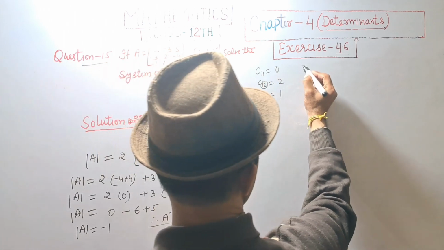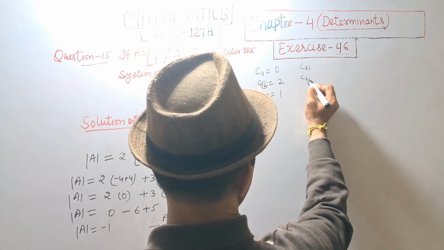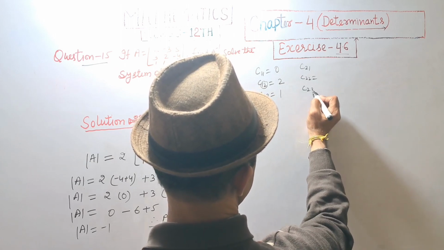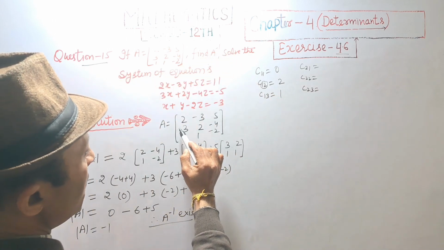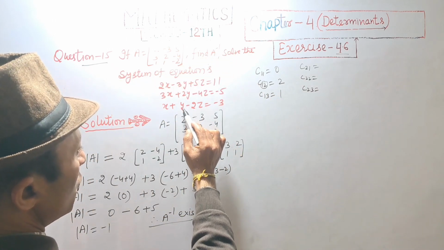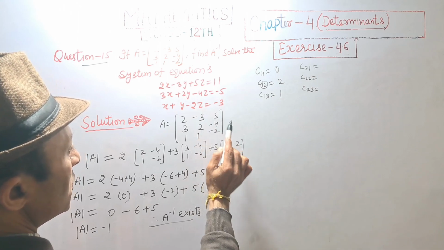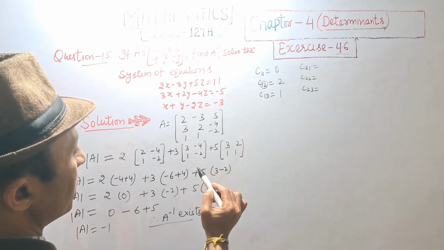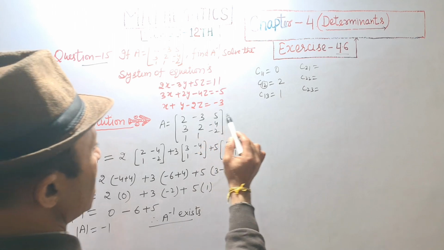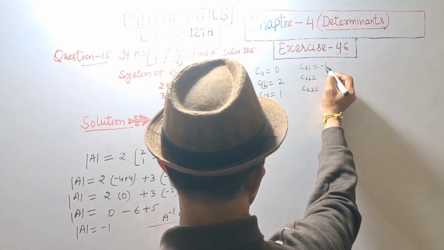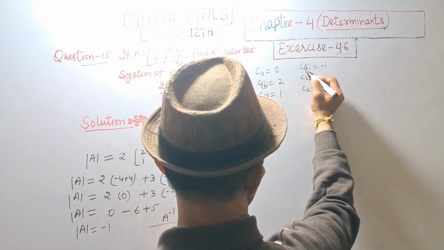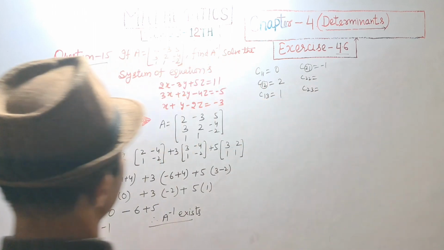And C21, C22, C23. C21: 3 twos are 6 minus 5, 6 minus 5 is equal to 1, but minus multiplied by 1 is minus 1.